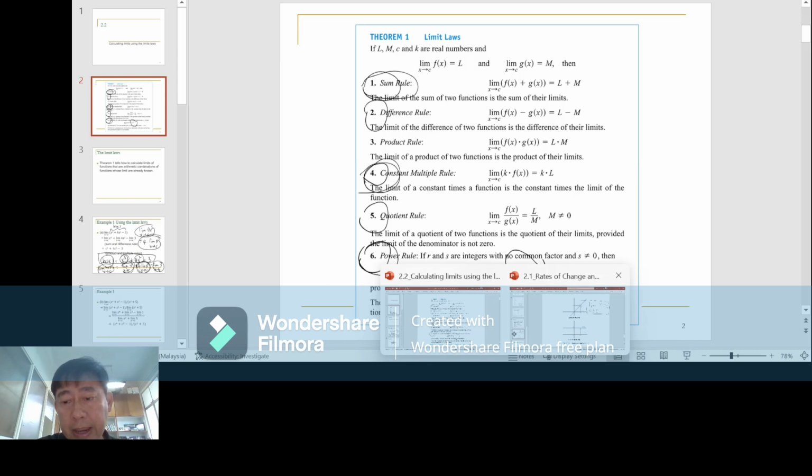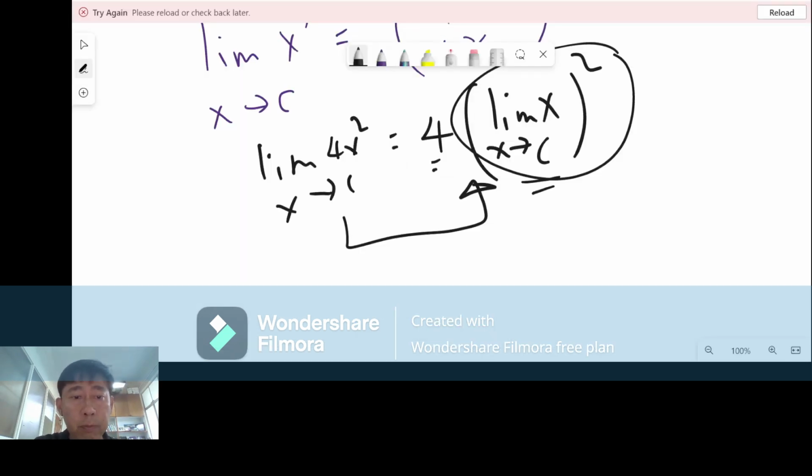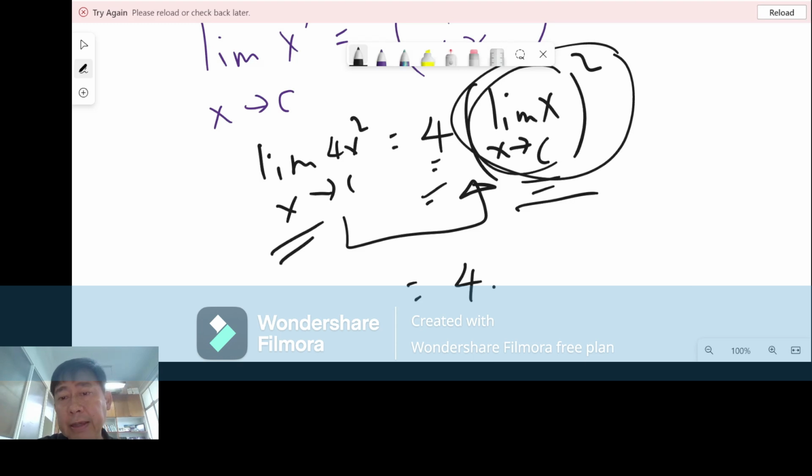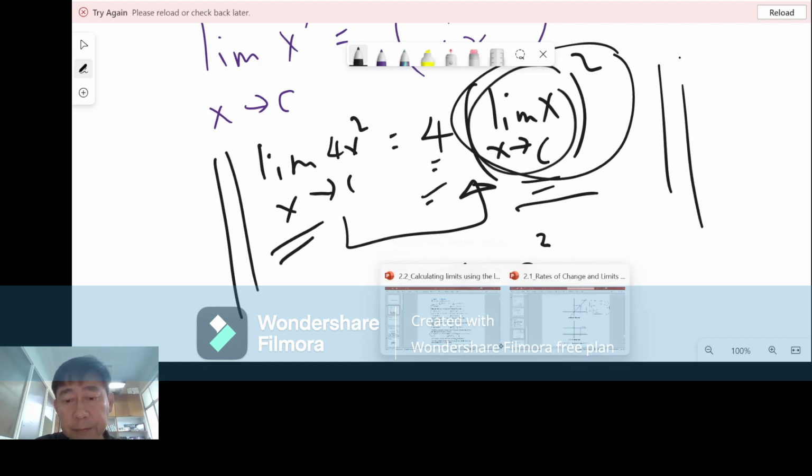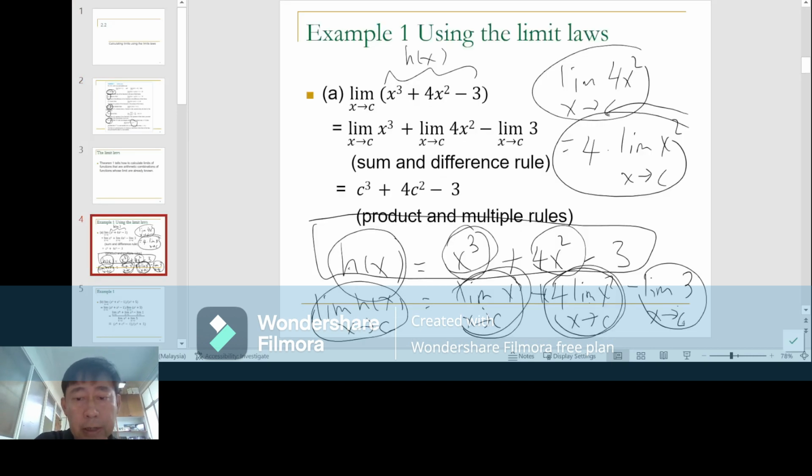So that allows me to break this into the product of 4 times this, and this is equal to 4 times the limit of x when x tends to c squared, which is equal to c squared. So that finishes the evaluation of the limit of 4x squared when x tends towards c. Then lastly, we have the term 3. So this is trivial. The limit of 3 is equal to 3 whenever x tends to any value of c.